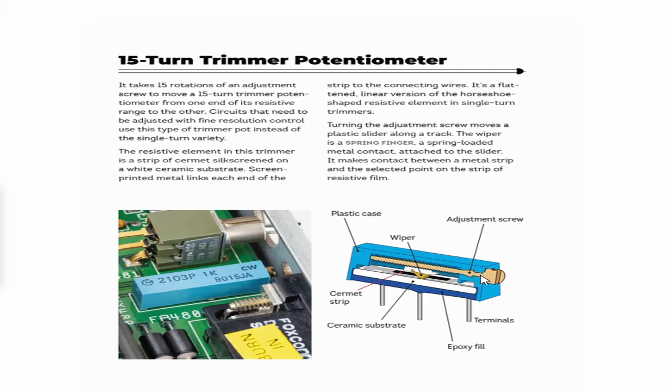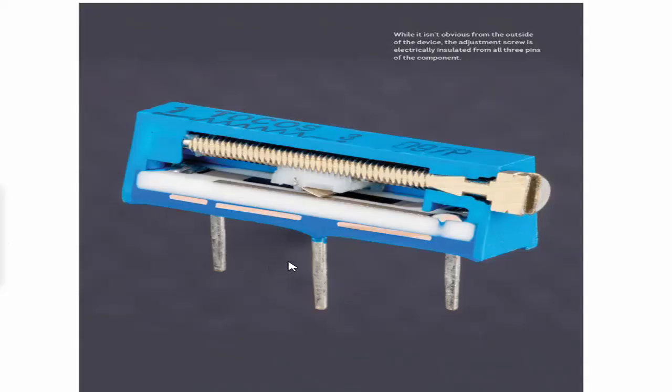This blue one is a plastic case and plastic coating around, and there is a wiper and a cermet strip. Here you can see a close up view of a real life 15 turn trimmer potentiometer.